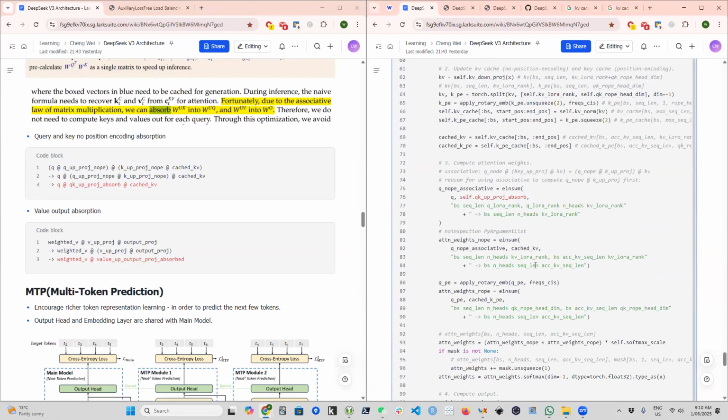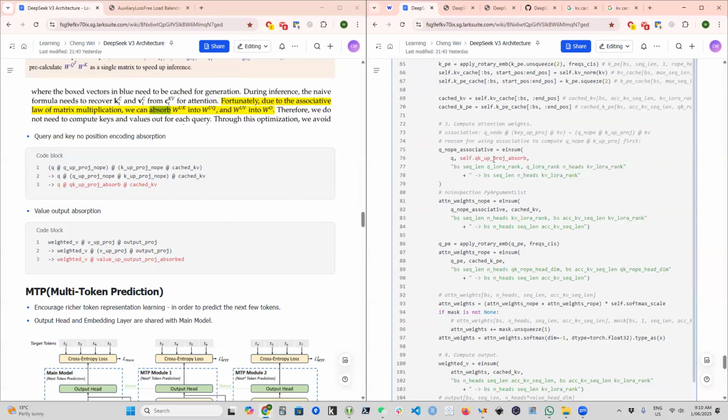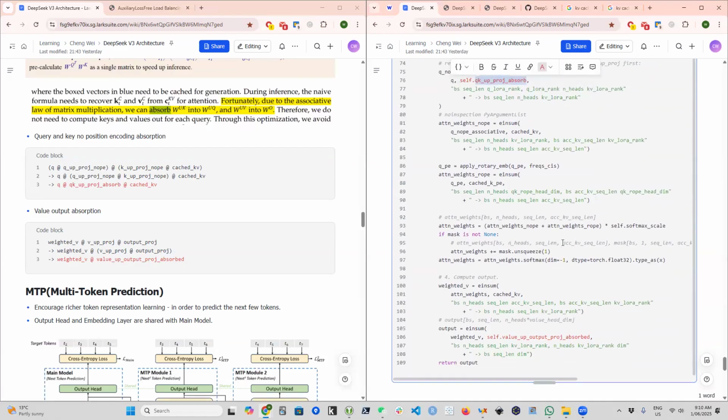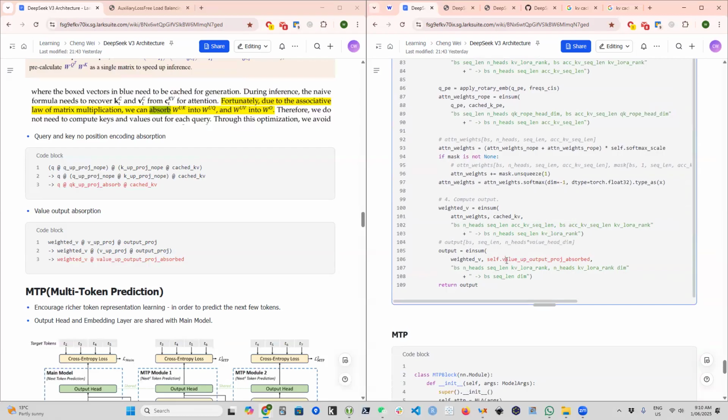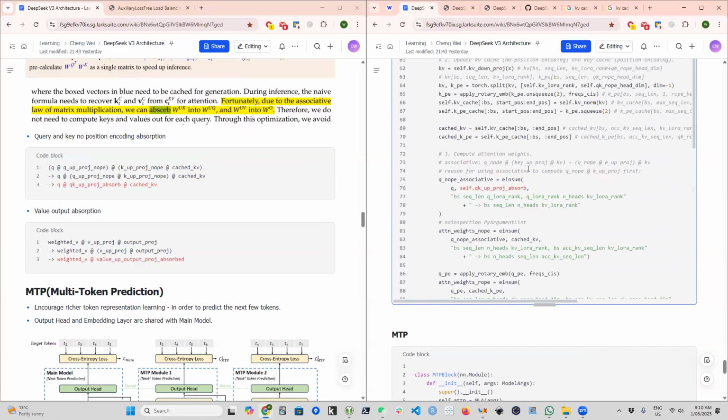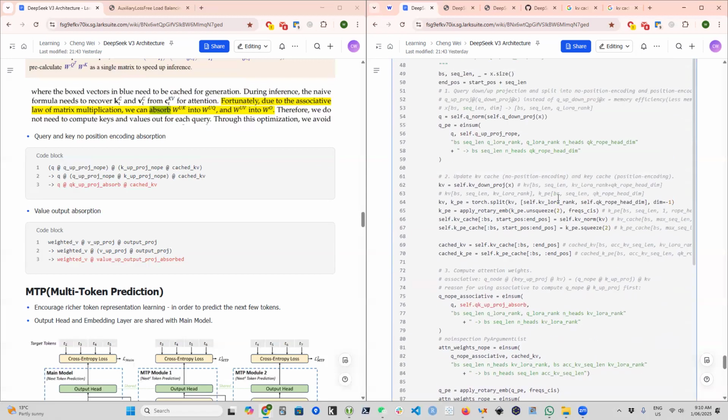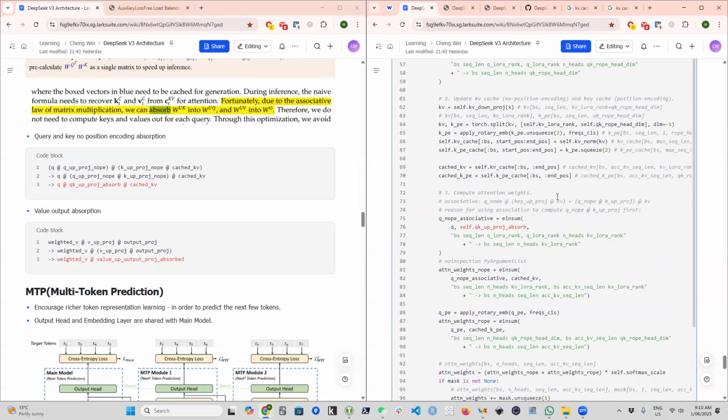Then during the inference time, we don't need to multiply those two metric anymore. We just use the pre-absorbed version in the QK and also in the value output. All other code is similar to the associative version. Any question? Okay, no, we continue.